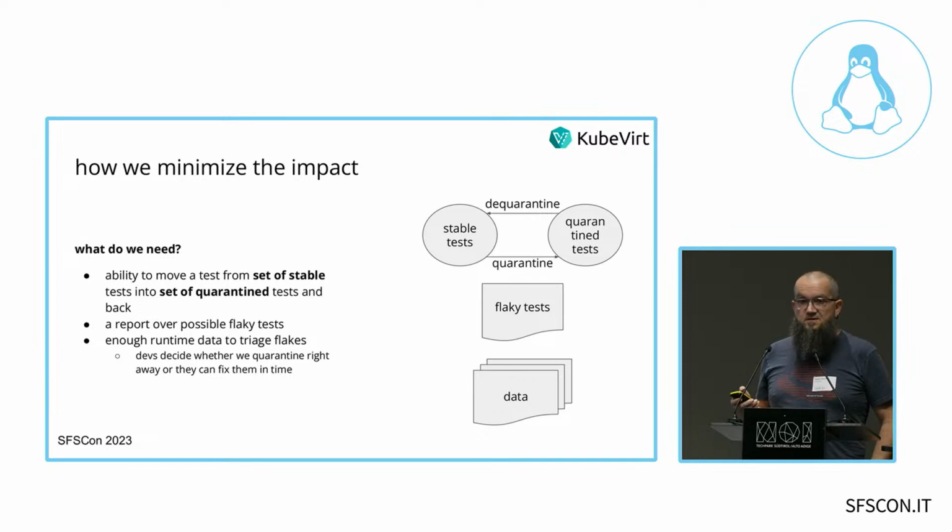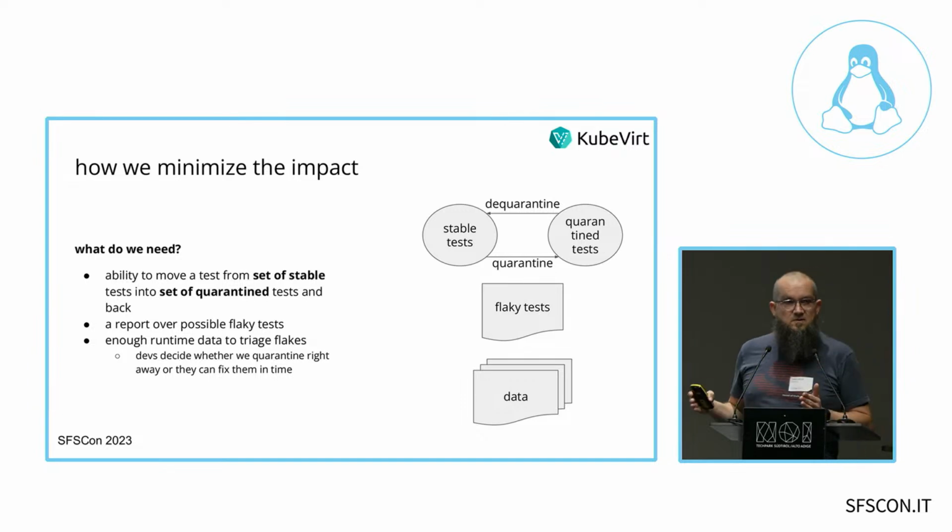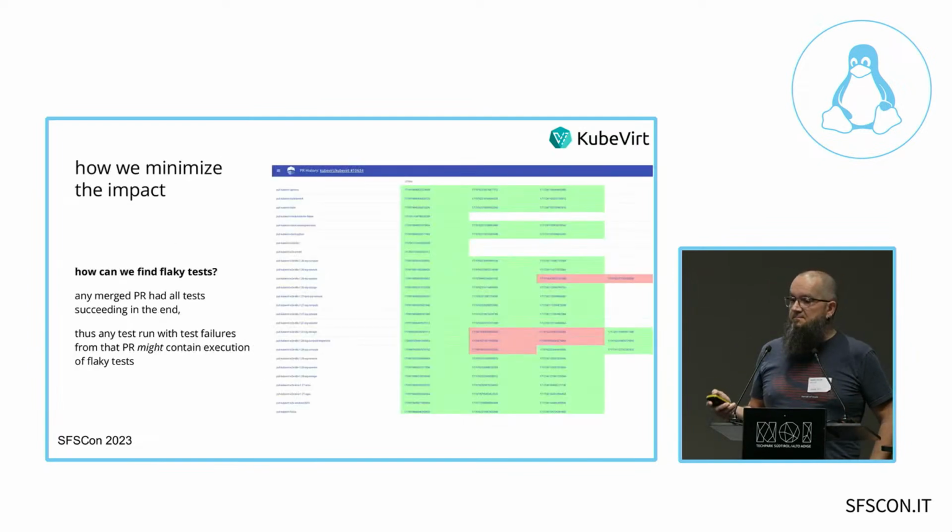Of course, then also you need a test report that would tell you which tests are actually flaky or not. But I'll get to that later, how you can find that. And of course, lots of data, so you can somehow decide whether, how or when you need to fix it. So either you would take it out right away, or people would even be able to fix the test right away.